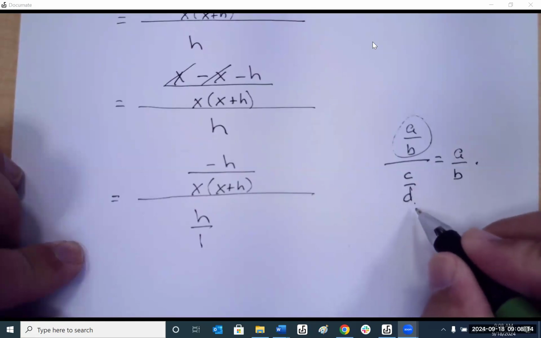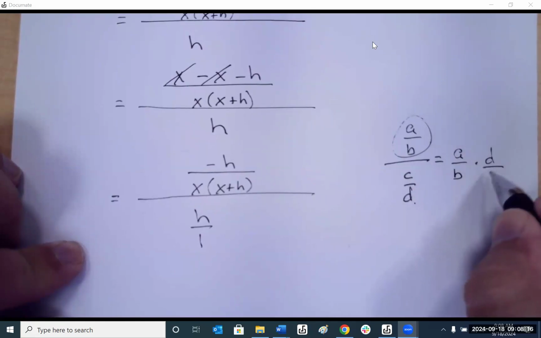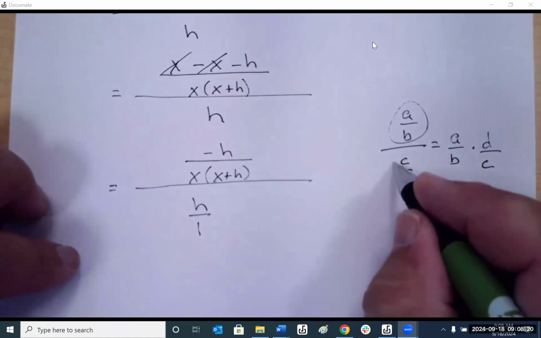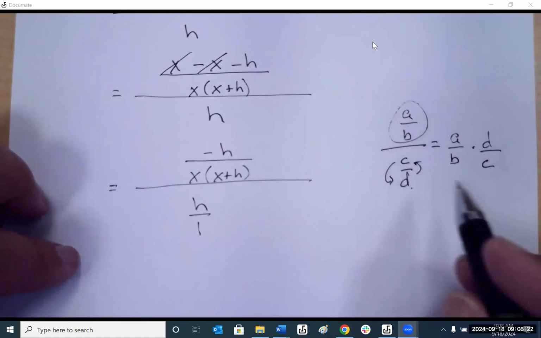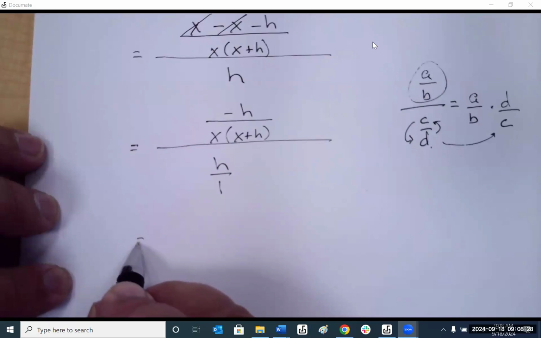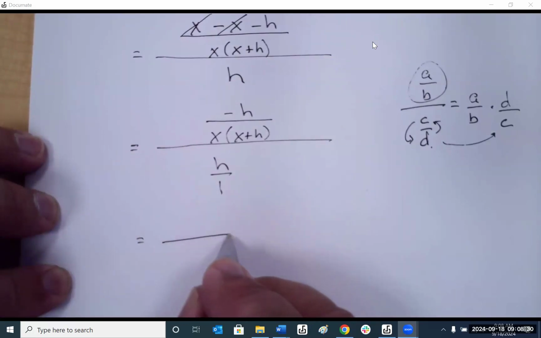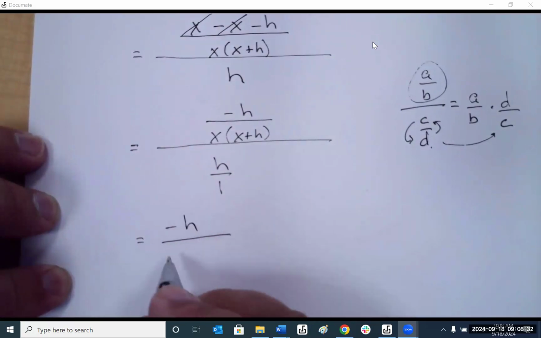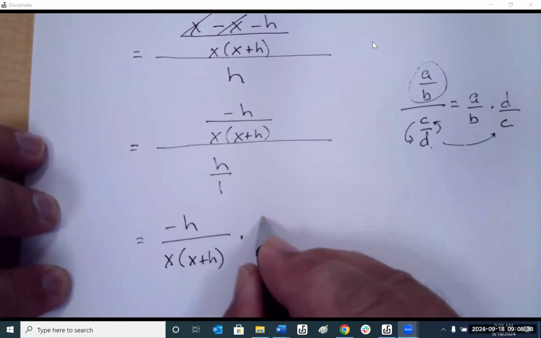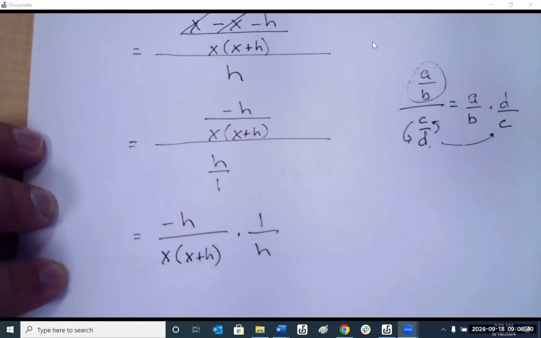Flip the bottom one and multiply it to the top. So I take the reciprocal, I flip those and multiply it. So I have negative h over x times x plus h, times 1 over h.